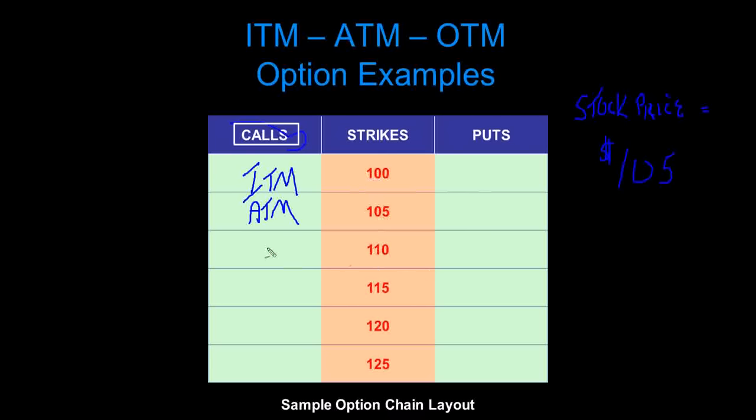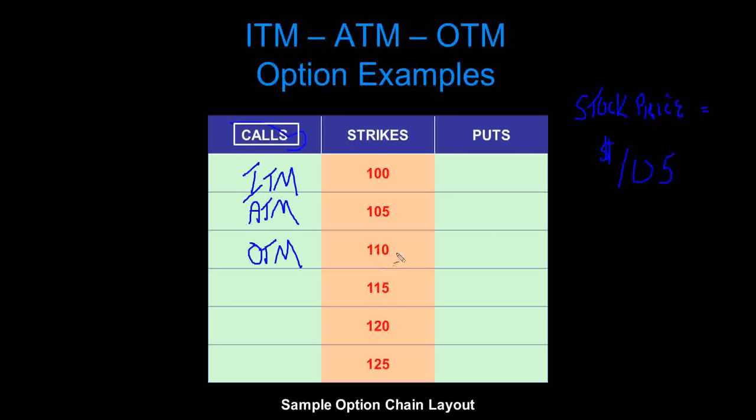And this right here would be out of the money. This would be totally out of the money. So if I were to say I want to buy a call option contract at 110, well, the fact that I want to buy it means there is some value.